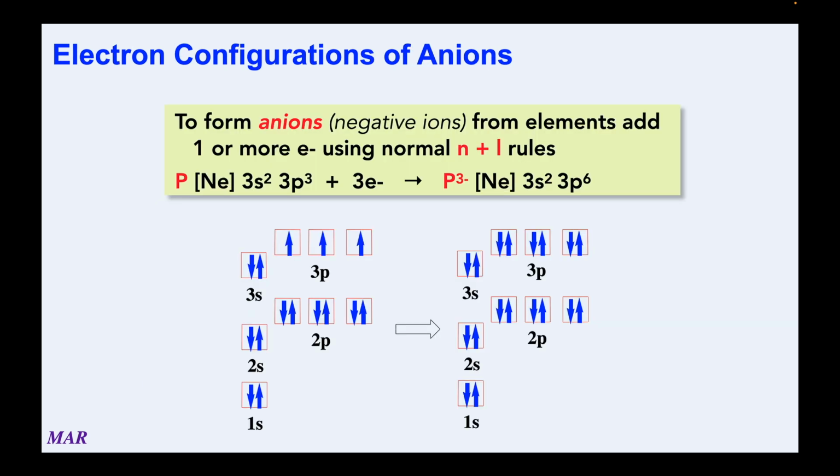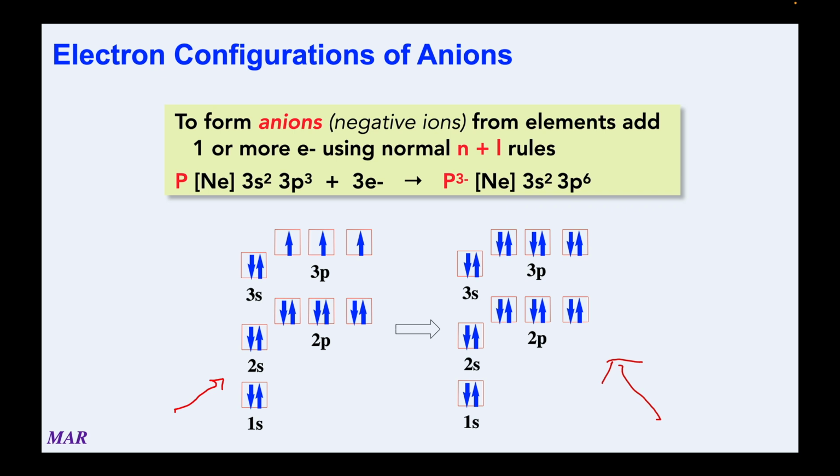If you want to form anions, negative ions, or cations, positive ions, you can do that with these too. And I'm going to show some examples here with orbital boxes. So anions, negative ions, you would literally just add the additional electrons using normal rules. On the left-hand side here, we have phosphorus. And on the right-hand side, we have the phosphorus minus 3 ion, the phosphide ion. Phosphide has 3 more electrons than phosphorus.